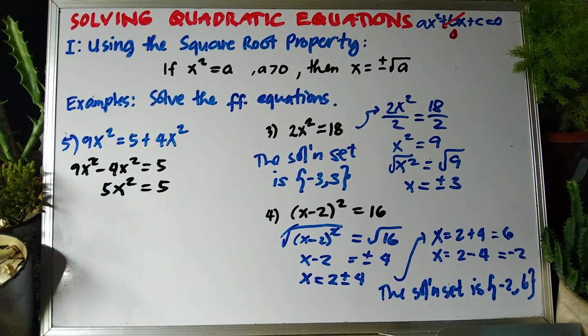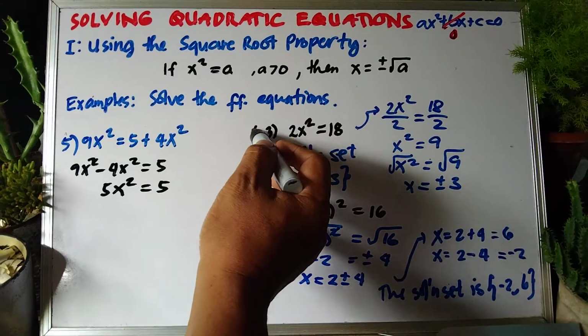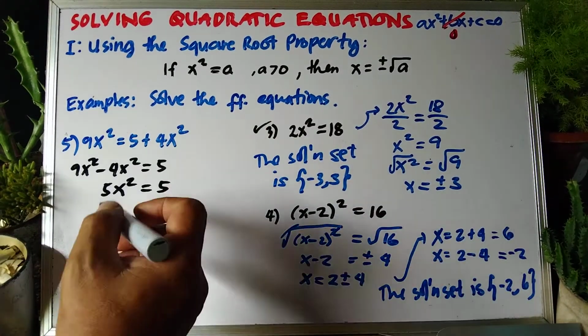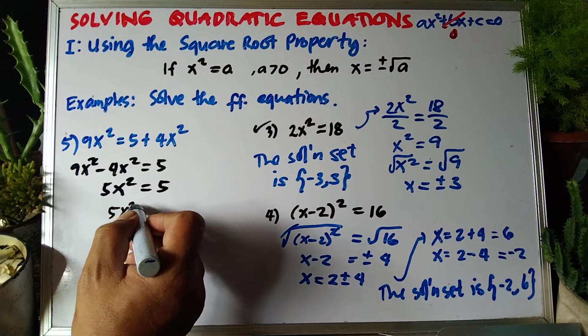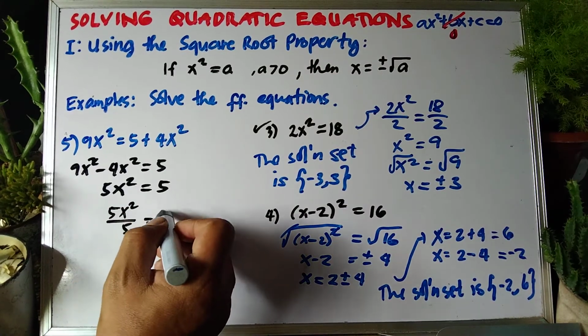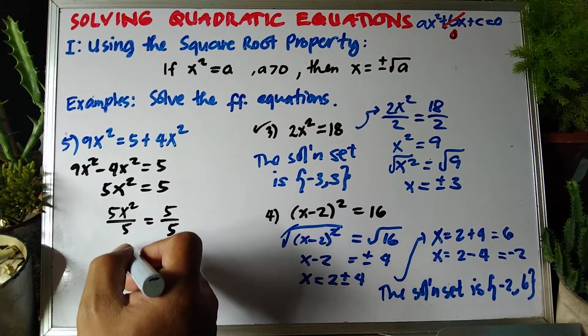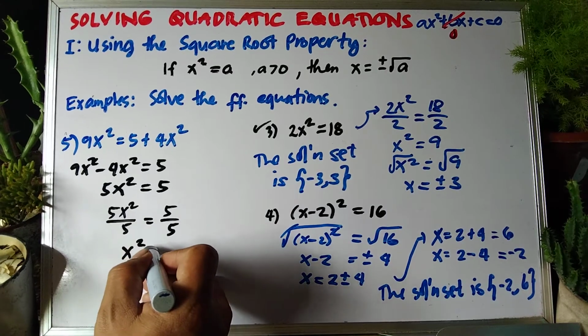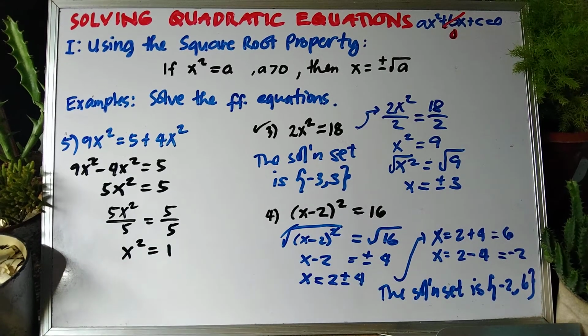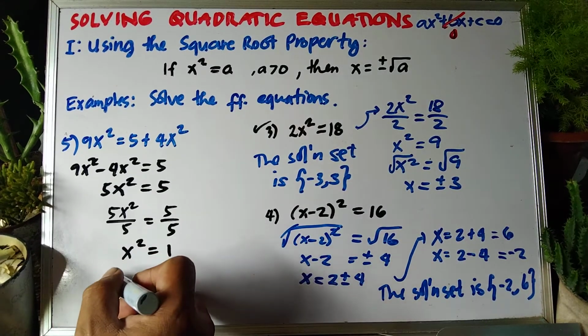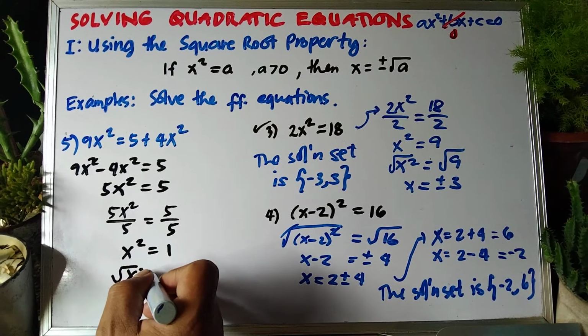Okay? So, what's next? It's just the same as number 3 na. Correct? So, here we will divide both sides by 5. So, we now have x squared is equal to 1. So we need to solve this. So, we extract the square root to both sides of the equation.